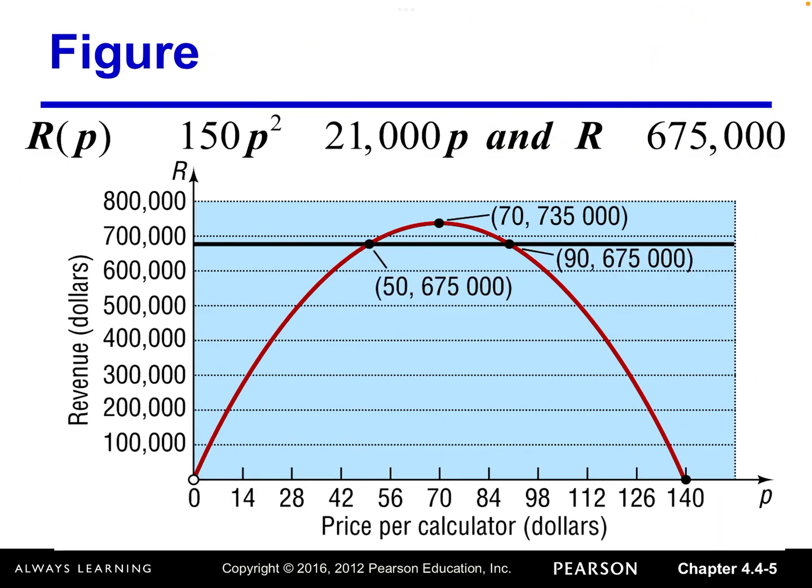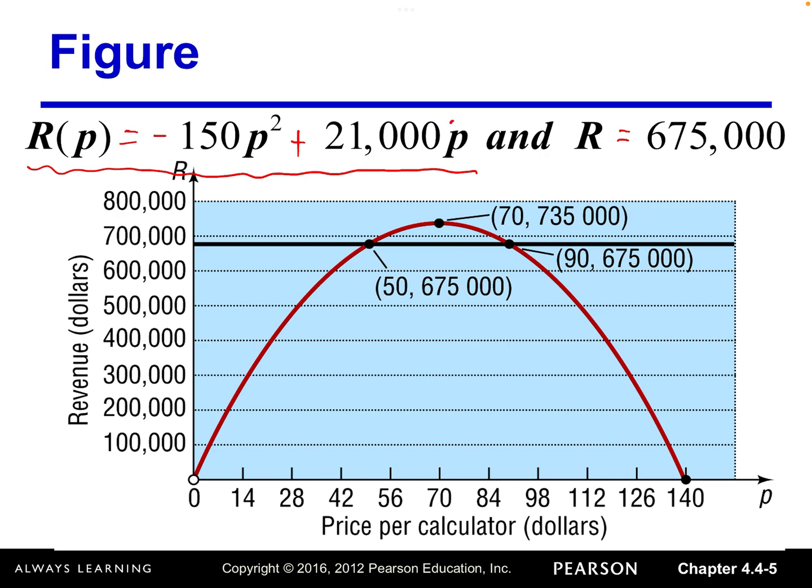And then the next question. Same quadratic function, okay, R of p equals negative 150 p squared plus 21,000 p. And if we know the revenue R equals 675,000, it asks us to find the calculator's price, which is p.